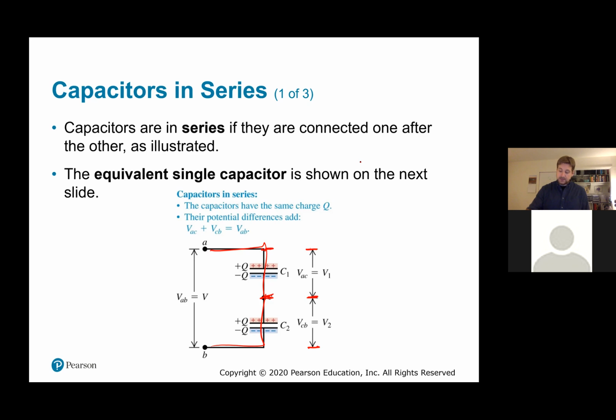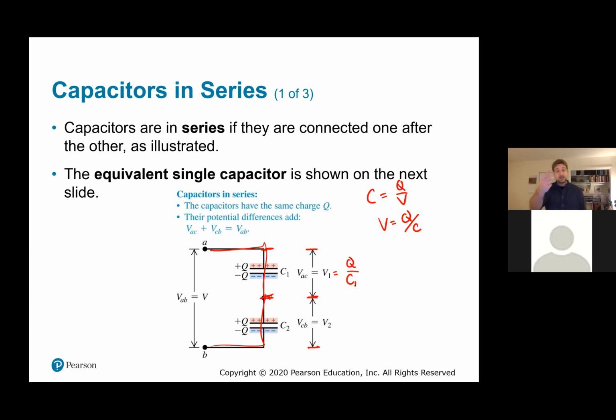And if we have our relationship C equals Q over V, then we can solve for the voltage, Q over C. So V1 is Q over C1.